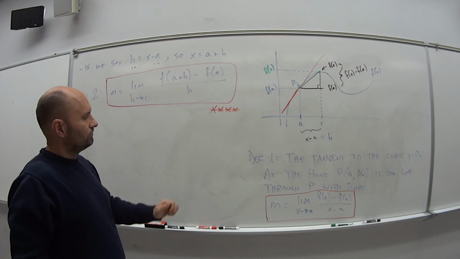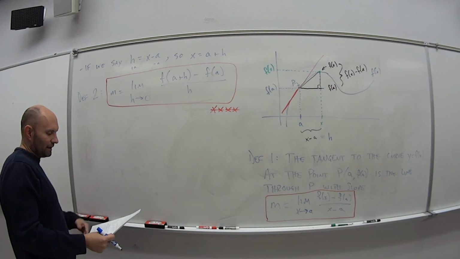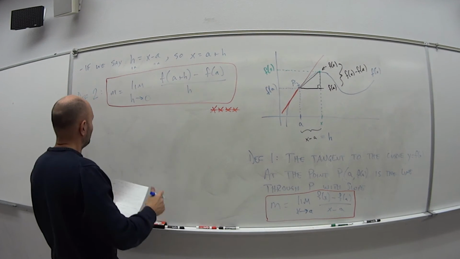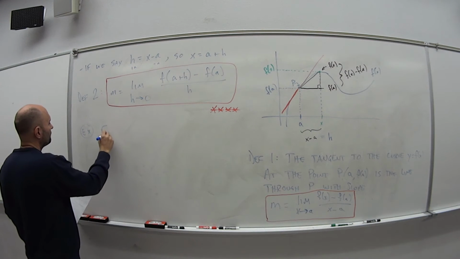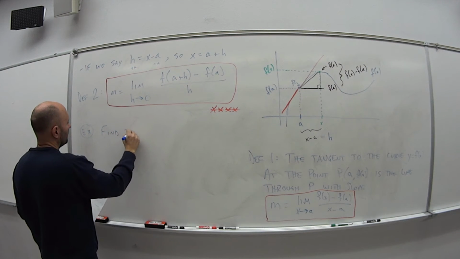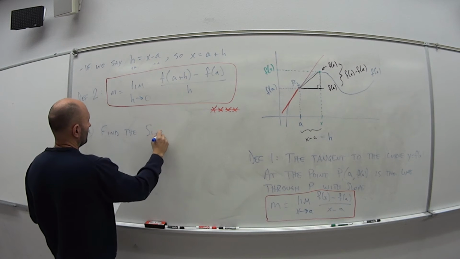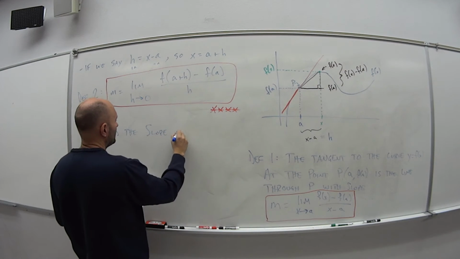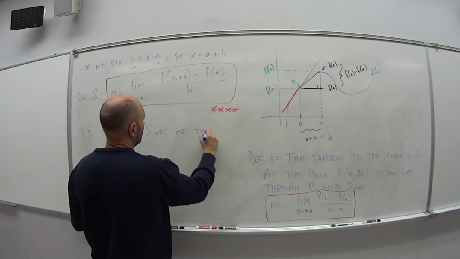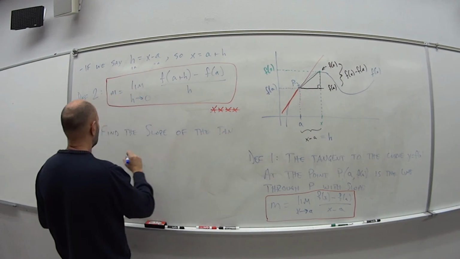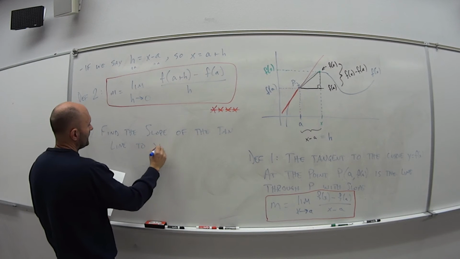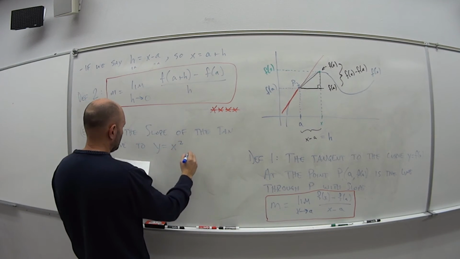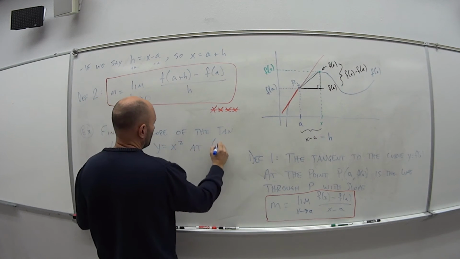So, now that we've simplified that, let's go back to sort of the original example that we had looked at to open up the video. Let's say I want to find the slope of the tangent line to y equals x squared at the point 1, 1.